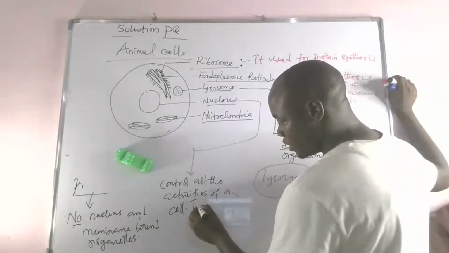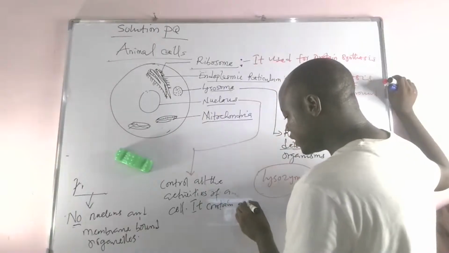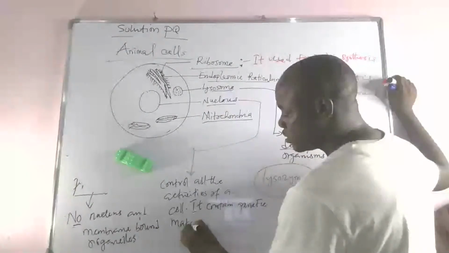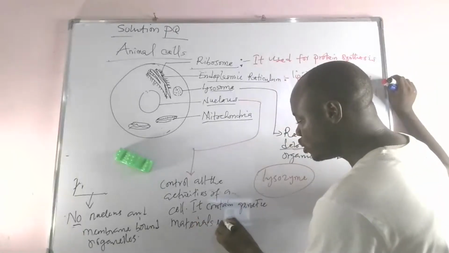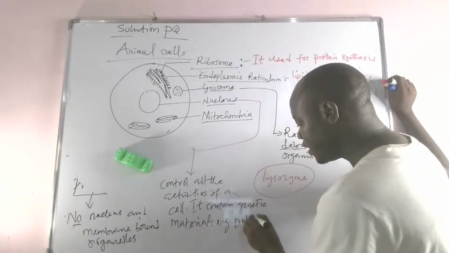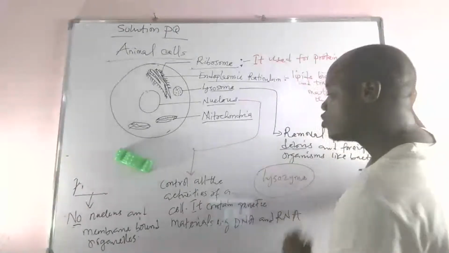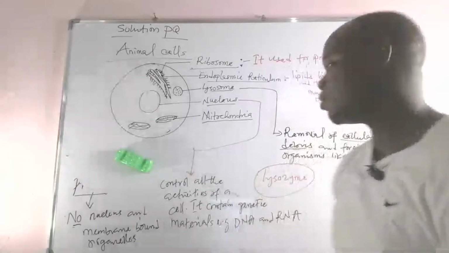And you can also add that it contains genetic materials, e.g., DNA and RNA. So I think if you can mention this for the nucleus, you have done well.